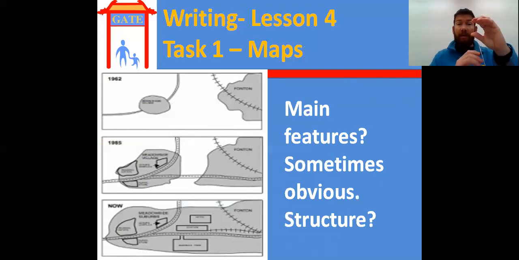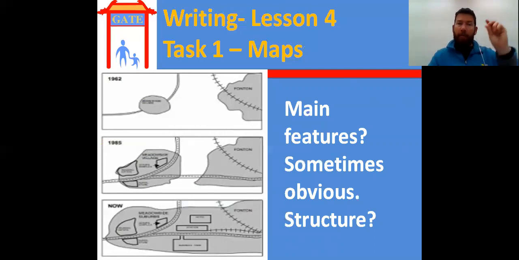BP2, buildings. BP3, transport. You could also divide it by time. So your BP2, you could talk about the changes from 1962 to 1985. And your BP3 could talk about the changes from 1985 until now. Both of those would be perfectly okay. I prefer the idea of buildings and transport because I feel like it's the same topic.